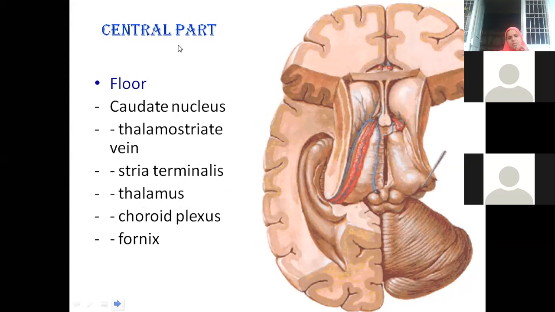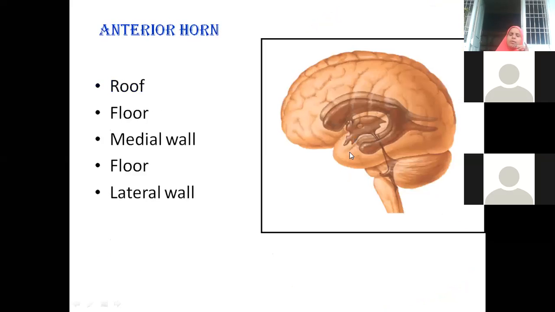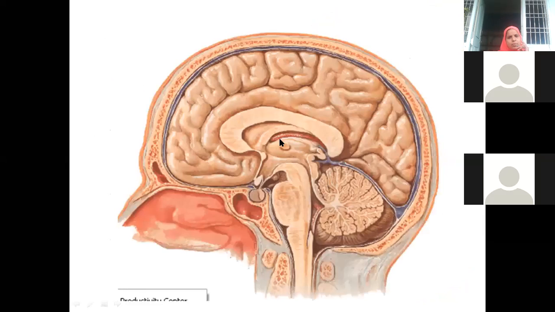Some more structures we have already discussed, not required. Floor is made up of the caudate nucleus, thalamostriate vein, stria terminalis, thalamus, choroid plexus, and fornix. And then the anterior horn. For the anterior horn also, we should know roof, floor, medial wall, and lateral wall. This also I have already told you.